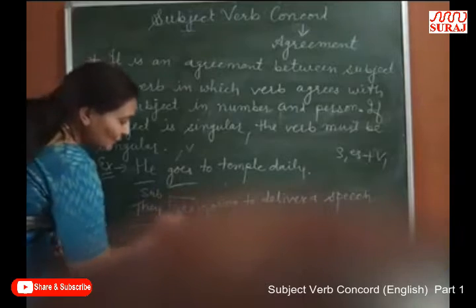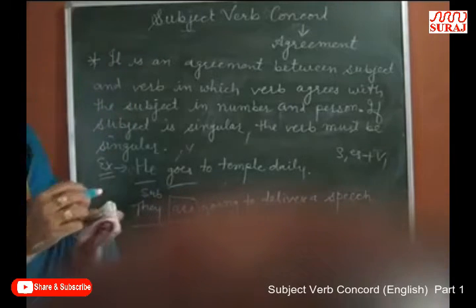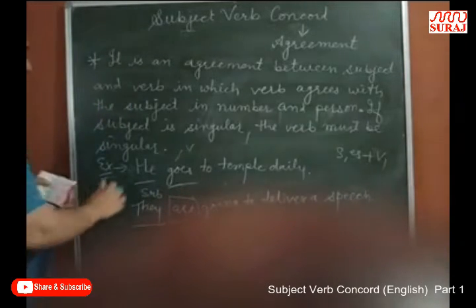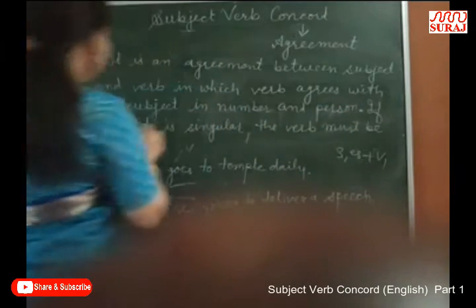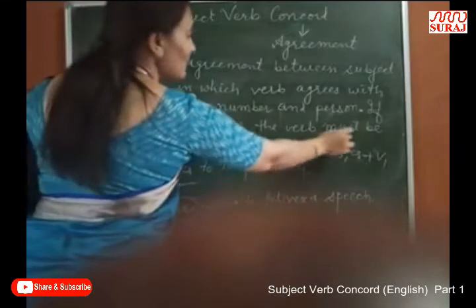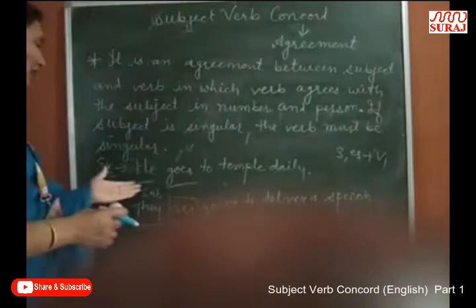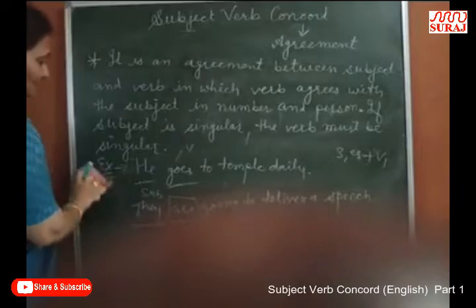Here are has been used, so are is also in plural form. So by these examples we have come to know about the first rule. If the subject is singular, the verb must be singular, and we have proved it by these examples.